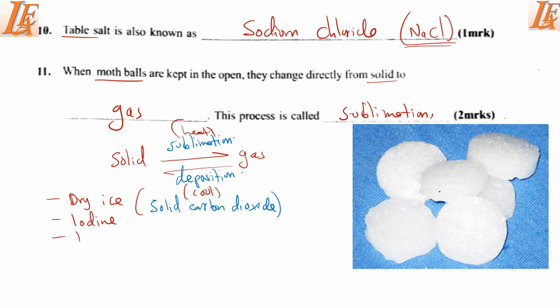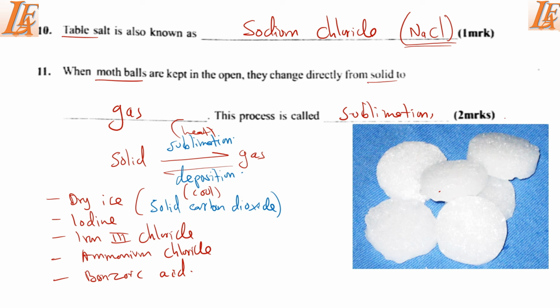Another is iron(III) chloride. We also have ammonium chloride, and benzoic acid, and many other substances which undergo sublimation and deposition. So if you are asked to list these substances, don't forget the list that we have given here.